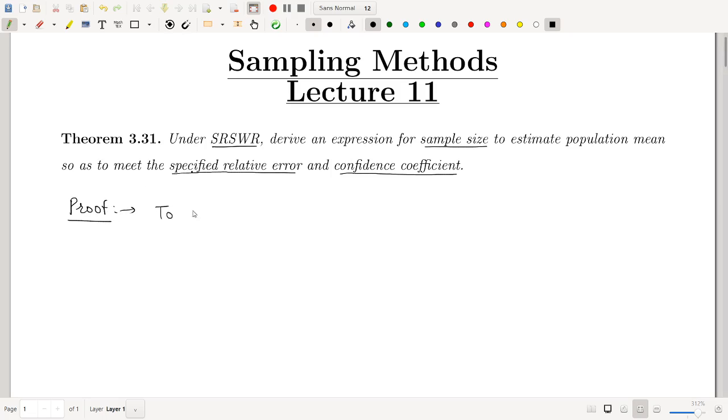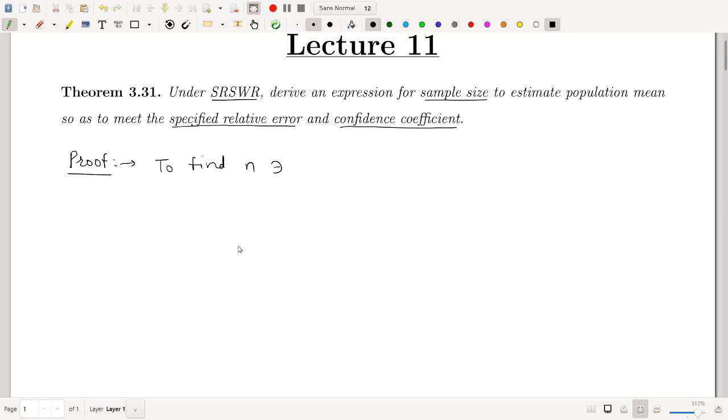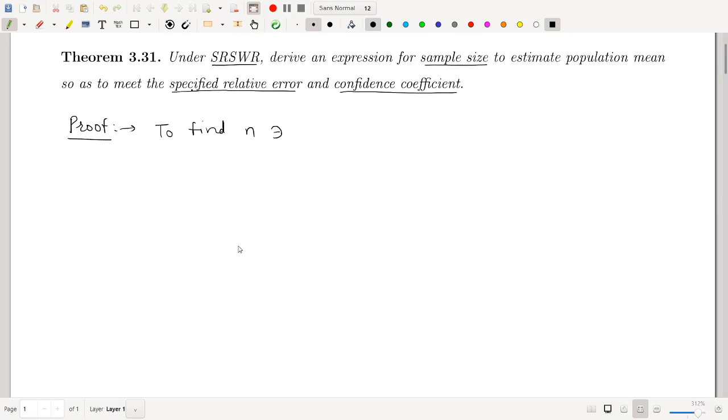To find n such that probability of mod of small y bar minus capital Y bar upon capital Y bar, you know, capital Y bar means population mean.